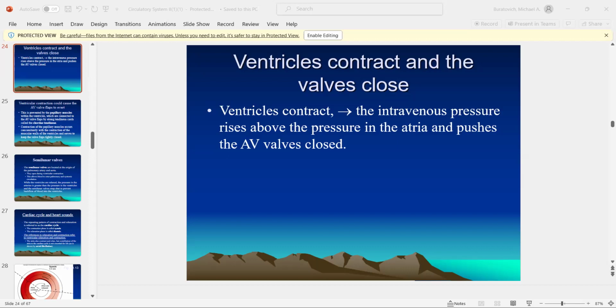The signal goes down and up like this. If your electrode is here and the signal is going towards the electrode, it'll be positive deflection. If it's going away from the electrode, it'll be a negative deflection, or it may be positive and then negative.